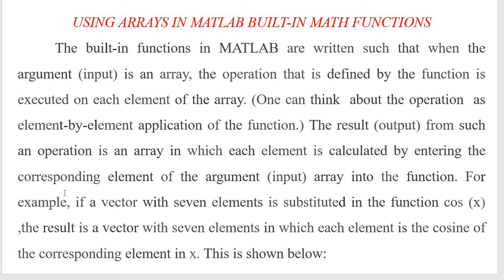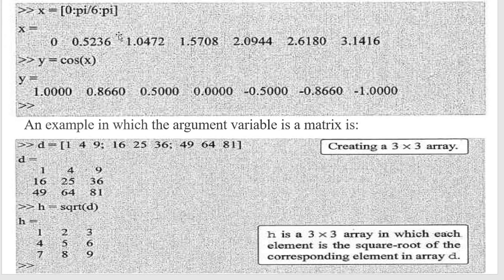Now we are going to see how to use these math built-in functions. For example, we define the x value from 0 to pi, 3.1416, with 6 elements, in steps of pi divided by 6.